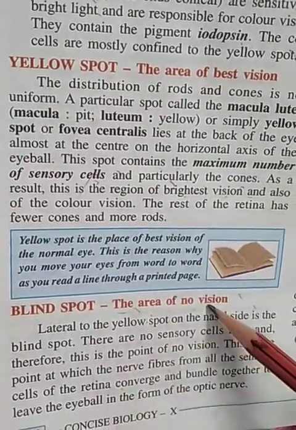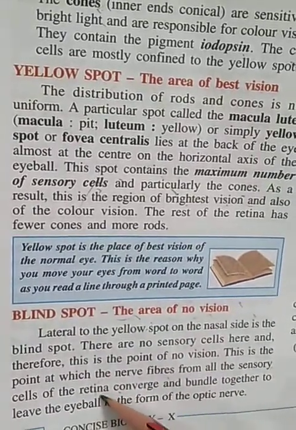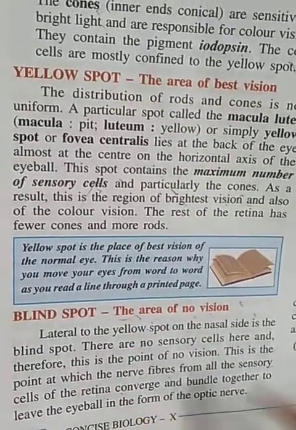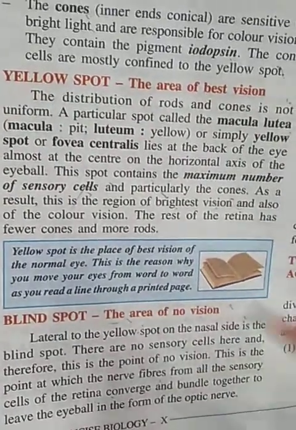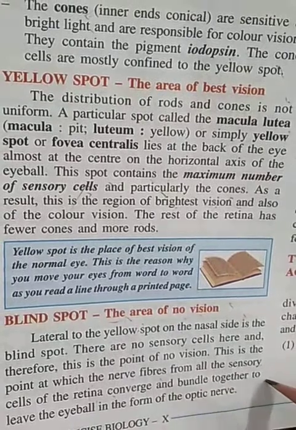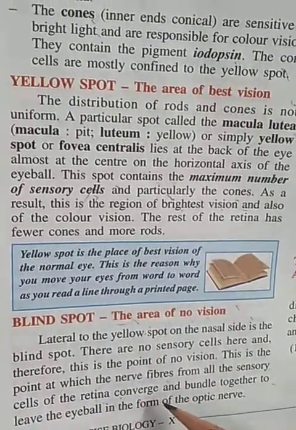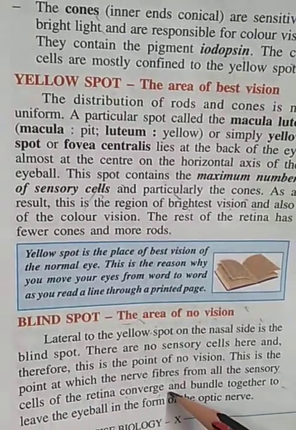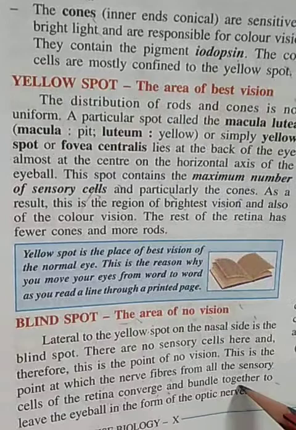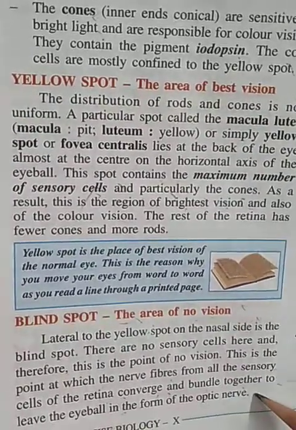And it is the point at which all the nerve fibers from all the sensory cells of the retina, meaning throughout the retina where the nerve cells and sensory cells are present, come to this point and converge at this point. Converge means they get collected at this point and then bundled together to leave the eyeball in the form of the optic nerve.